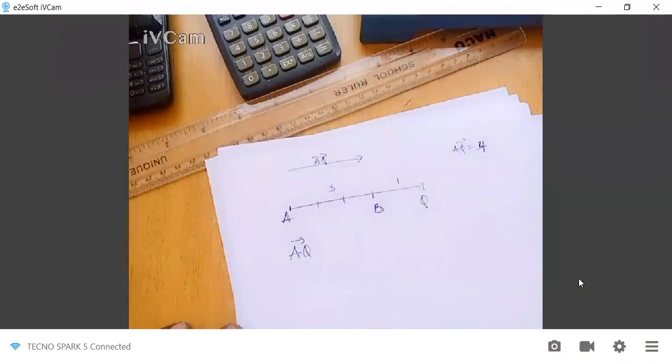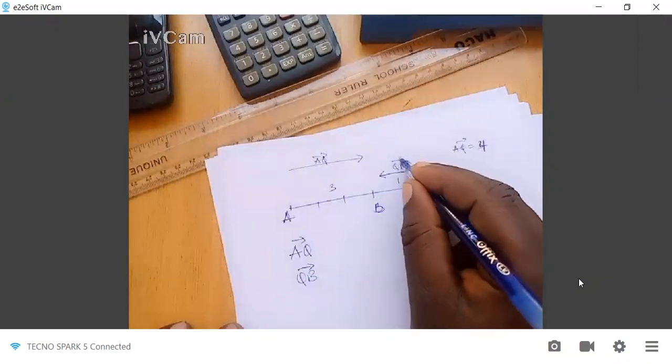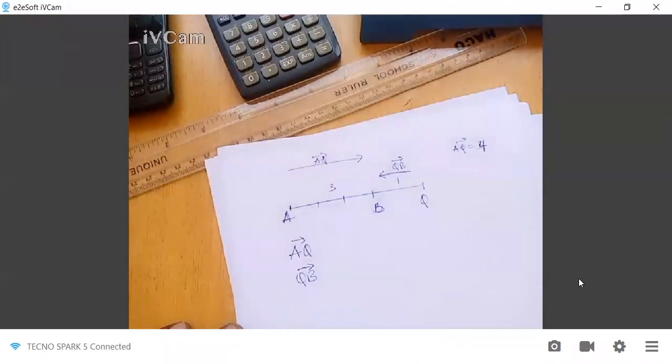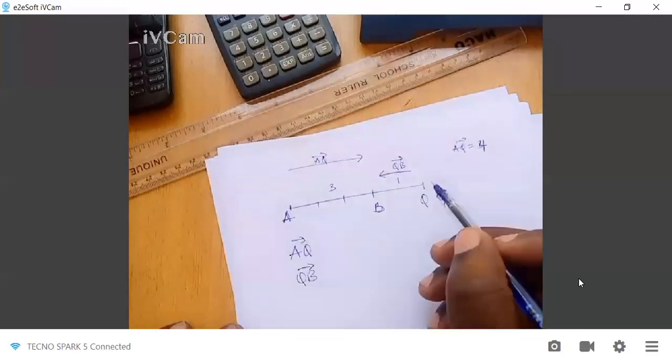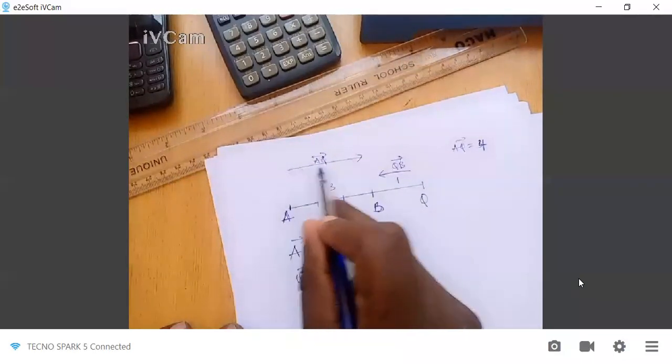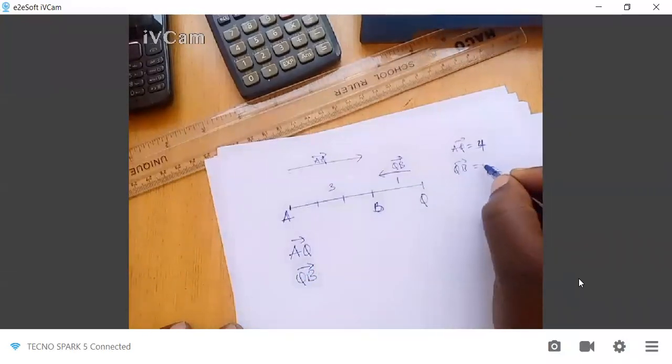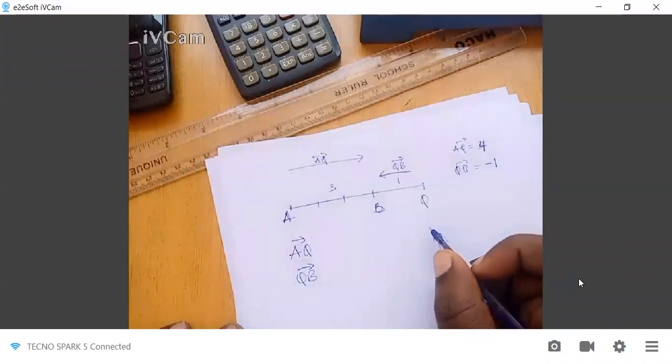Now, QB is in this direction, isn't it? Yes. So that means that QB is in the opposite direction of AQ. So once QB changes to the direction we had for AQ, QB is -1, isn't it?